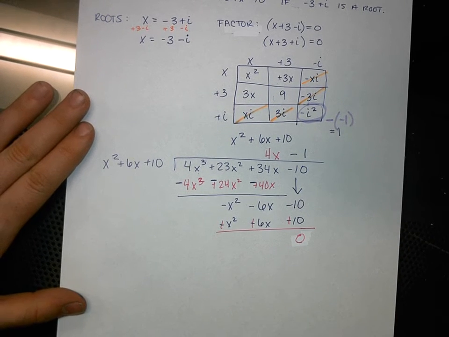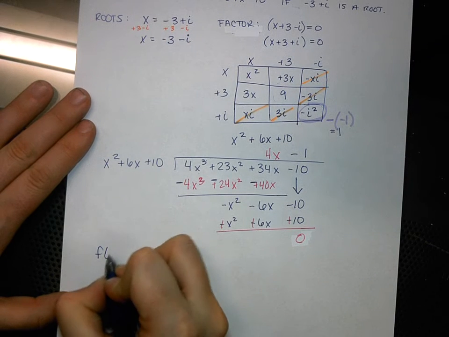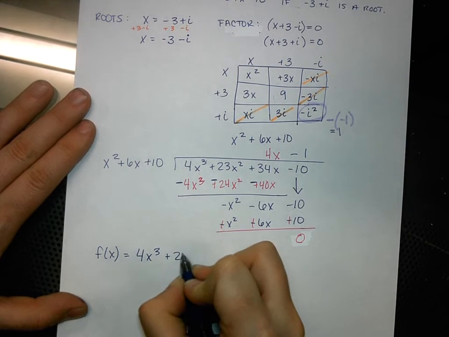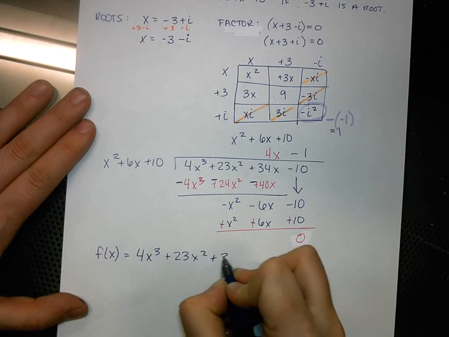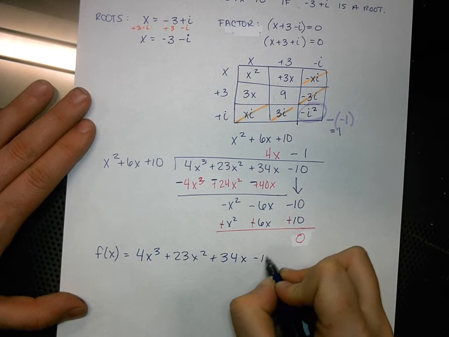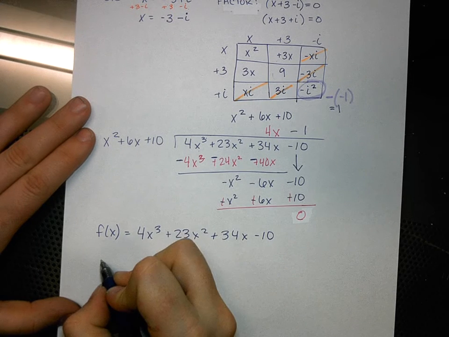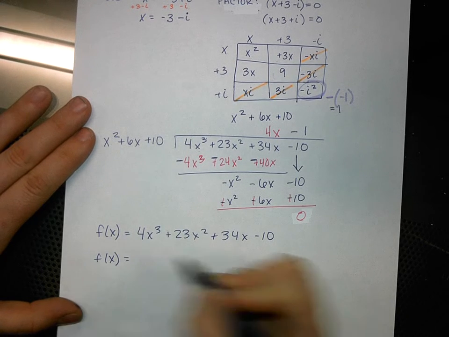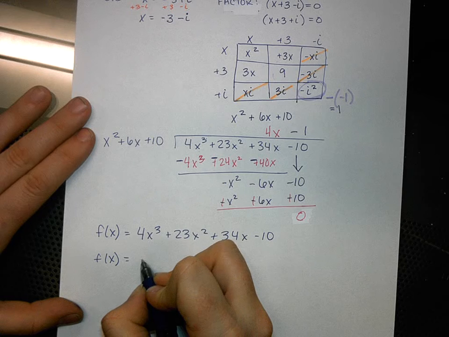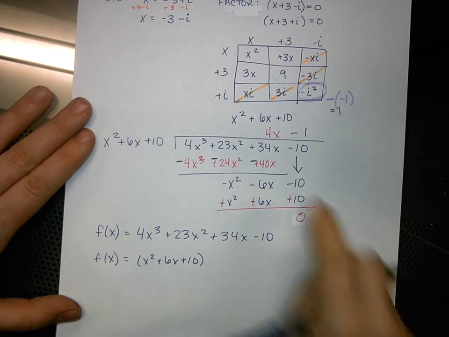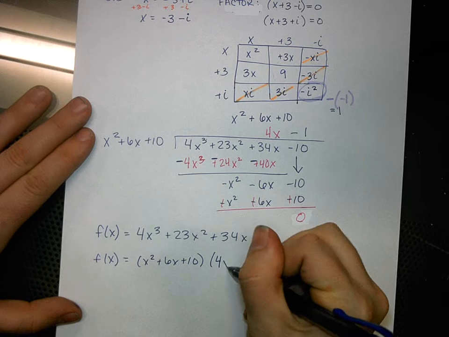So let's show what we factored right now. First I had f of x equals 4x to the third plus 23x squared plus 34x minus 10. Then I divided or factored out, same thing, x squared plus 6x plus 10. And it left me with 4x minus 1.